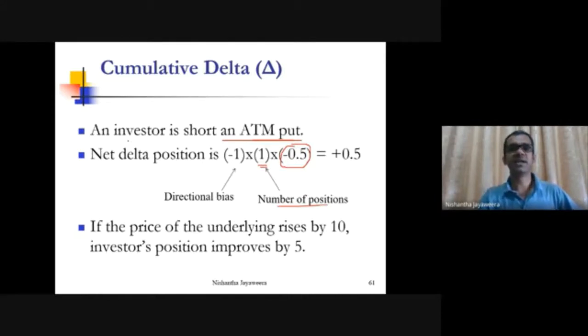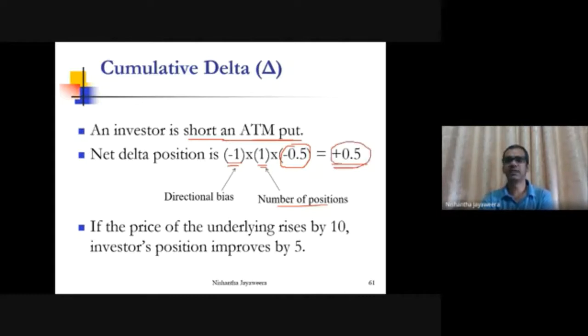But since he has sold it, you have to multiply that again by -1 to get the direction. So his net delta is +0.5. If the spot price increases, as the option seller, he gets the benefit. But if the spot price decreases, his position value also decreases. That is what is meant by the directional bias.